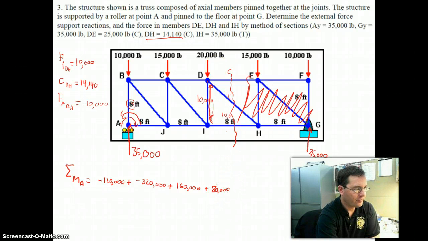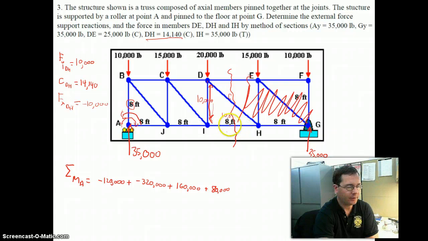These are all the moments we've accounted for so far. The last ones we need to account for are moments created by forces in component IH and moments created by forces in component DE. But if I look at component IH, it's directly in line with pivot A, which means that its effective length of the lever arm is 0. It can't generate a moment.